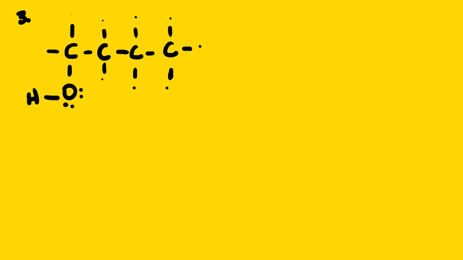So I'll just simply put these lines. So it's butanol. We want to convert it to alkenes. We know that for this reaction, we are going to put heat, then we'll be using sulfuric acid.